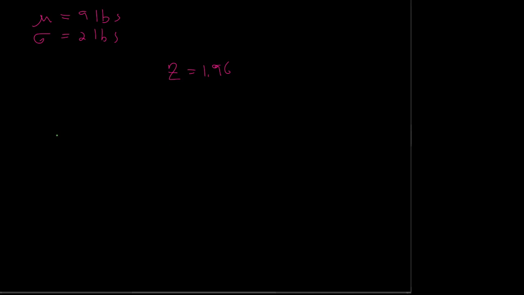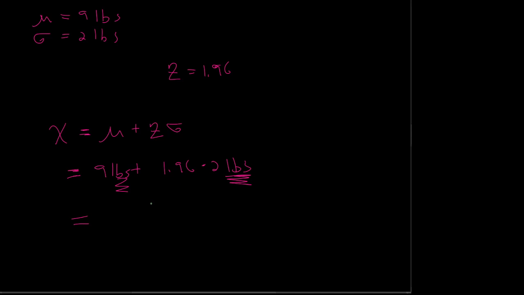Well, so I go to the formula, I say x is equal to the mean plus z times the standard deviation. So in this case, it's 9 pounds plus 1.96 times 2 pounds. Notice our units stay the same, pounds and pounds.